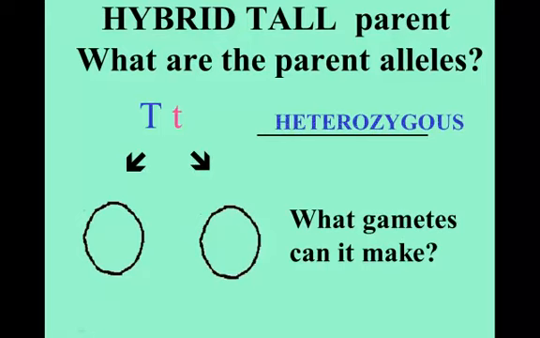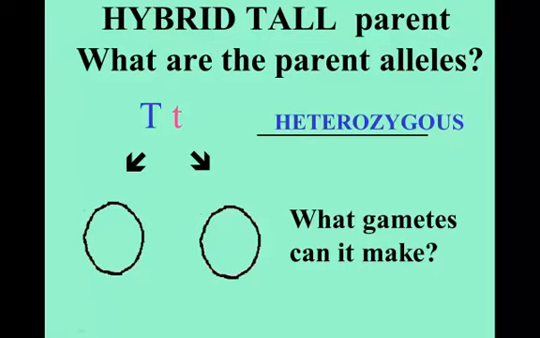So the clue word in the Punnett square is hybrid. It's telling you what gene choices the parent has. And if I'm hybrid tall, I know I have to have at least one big T. And hybrid tells me I also have a different choice for my second letter, little t. Now, when this parent makes gametes, my homologous partners are going to split.